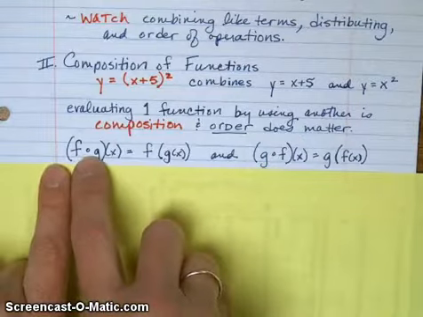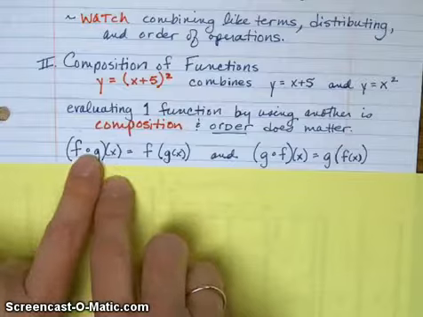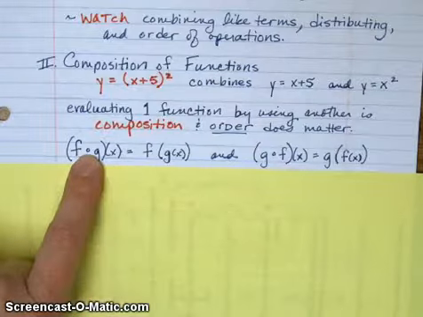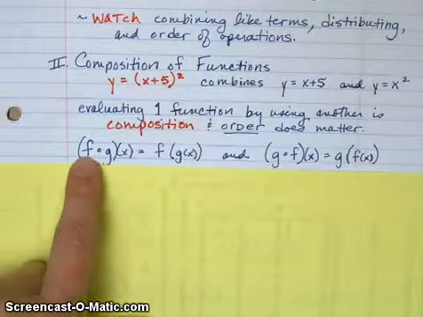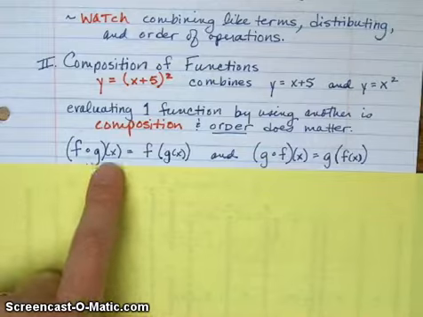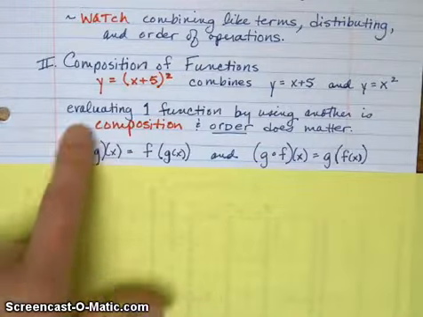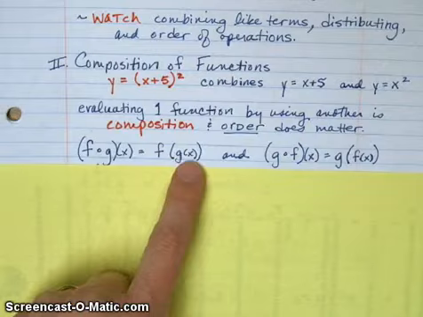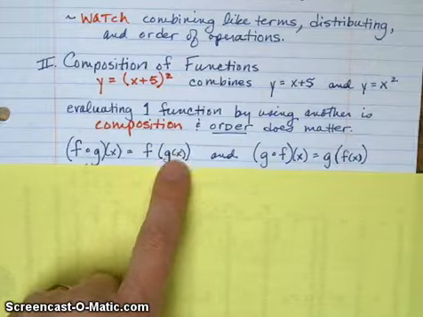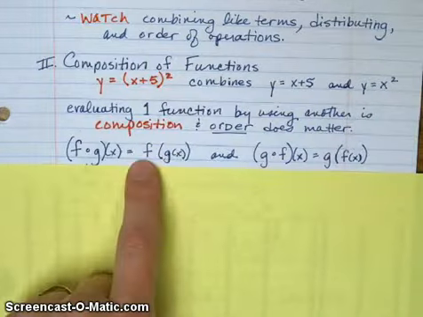That's different than a closed circle, because the closed circle would mean multiplication, right? The open circle means composition. If you have f composition g, that means you are putting g into f. And you can also write it this way. That means you're taking function g and putting it into function f.